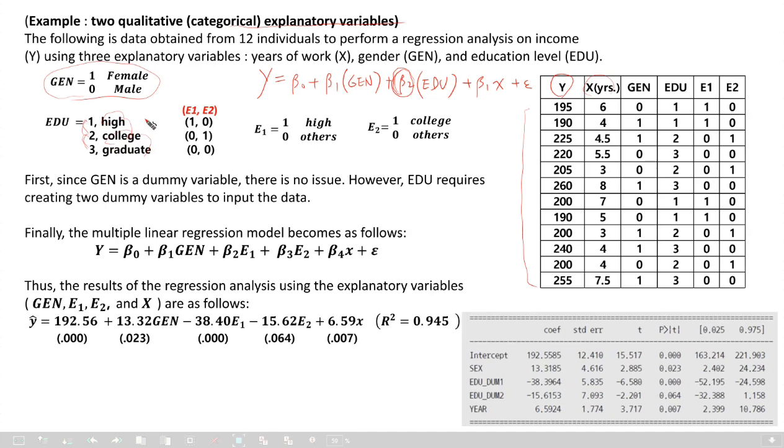So we have to define 2 dummy variables, E1 and E2, like this. E1 is 1 for high school, others 0. E2 is 1 for college, others 0.